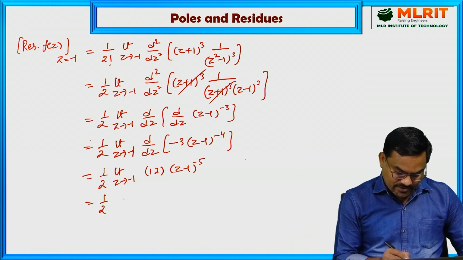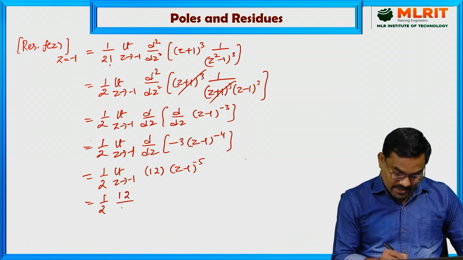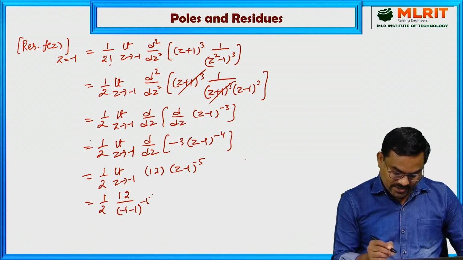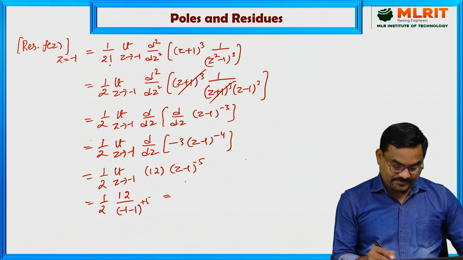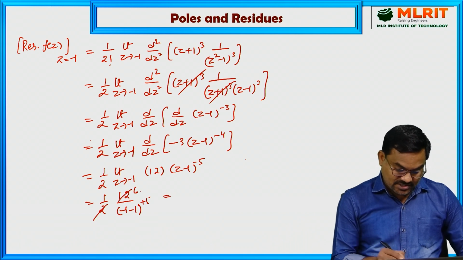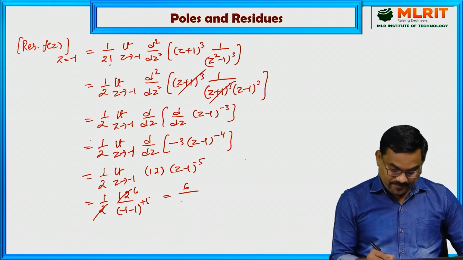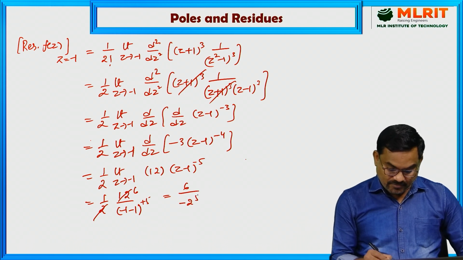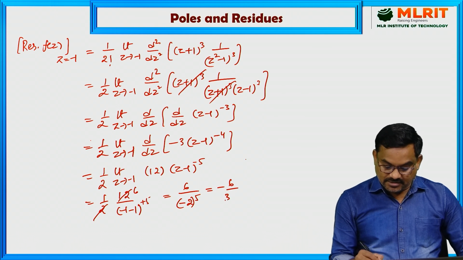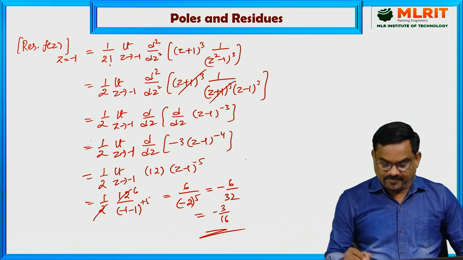So half into 12 by (z minus 1) power 5, with z equal to minus 1. So this is 6 times, 6 by (minus 2) power 5, so minus 6 by 32, so minus 3 by 16.